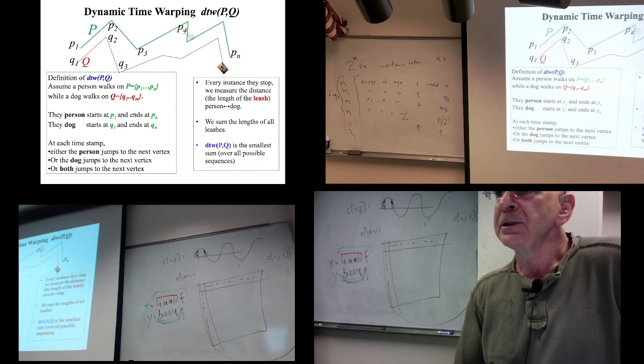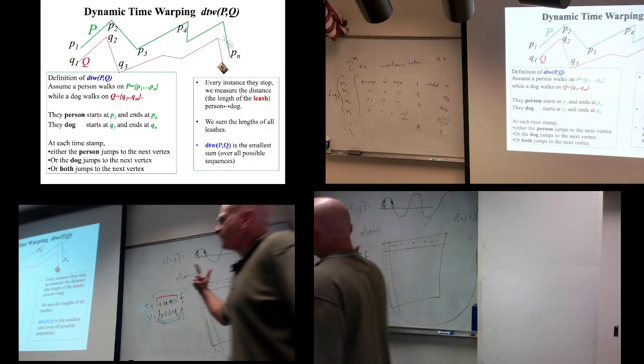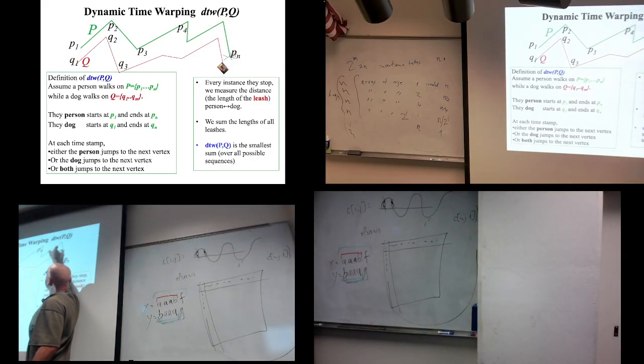And now, let's assume that the timing of each one is given. Somebody gave me a schedule of where each one is at each moment. And what am I measuring right now? I'm measuring at every moment how far the person is from the dog.